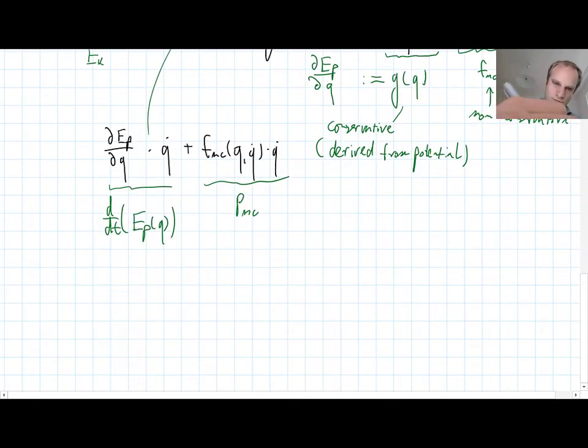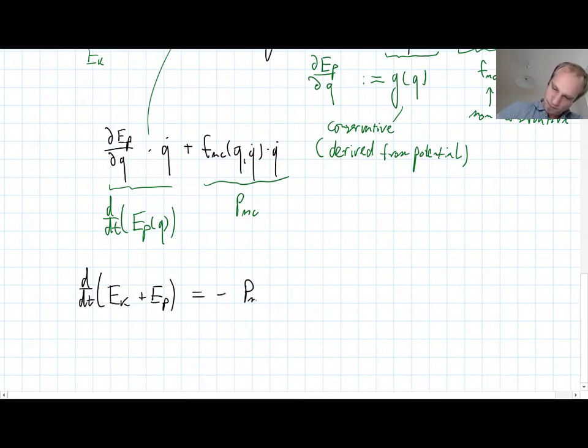So this is nice. We can more explicitly write down the energy balance. We can summarize kinetic and potential energy to the mechanical energy. So the time change of the mechanical energy, that's what this equation says, is balanced by the power supplied or dissipated by the non-conservative forces.